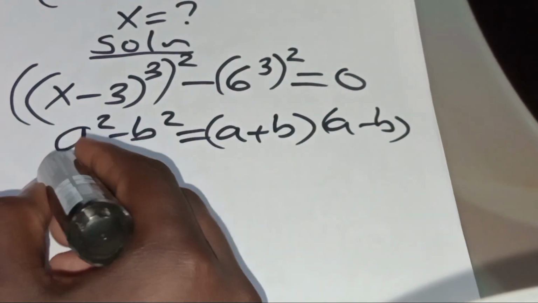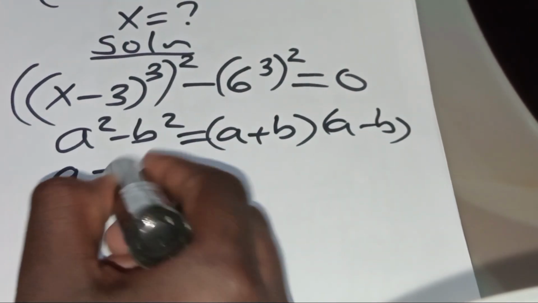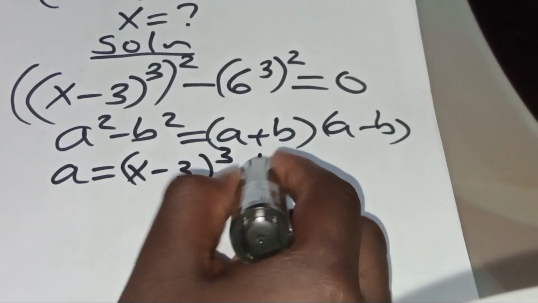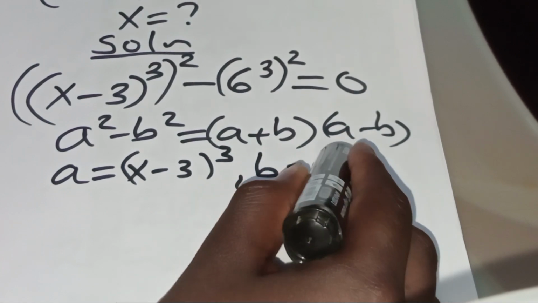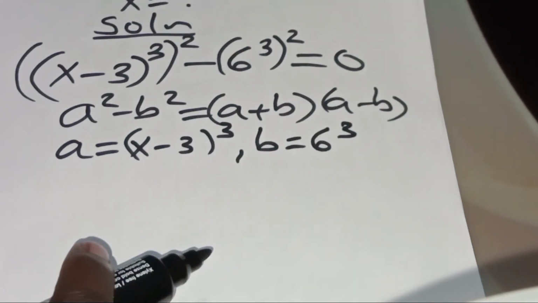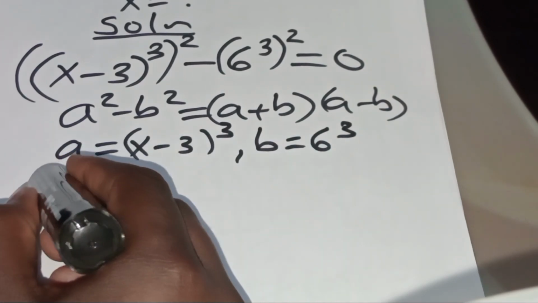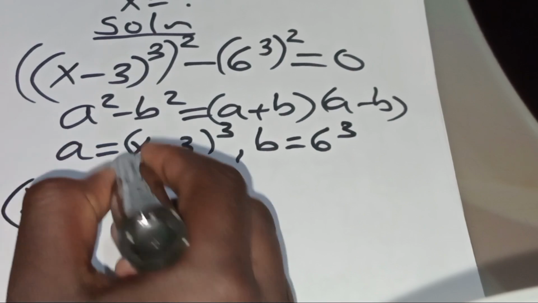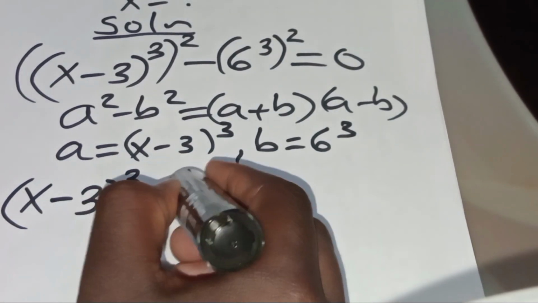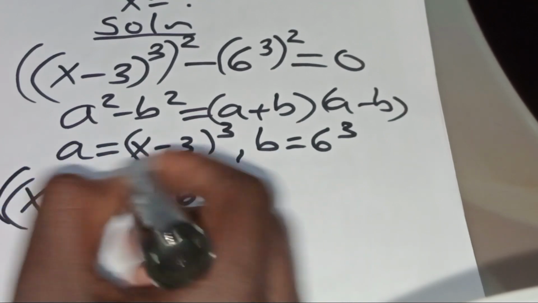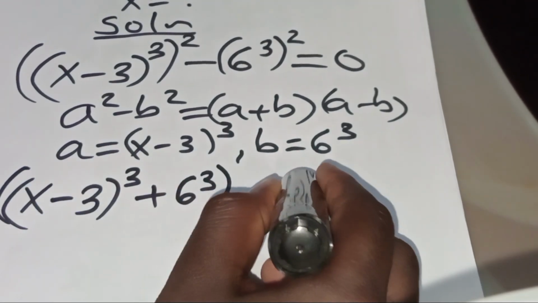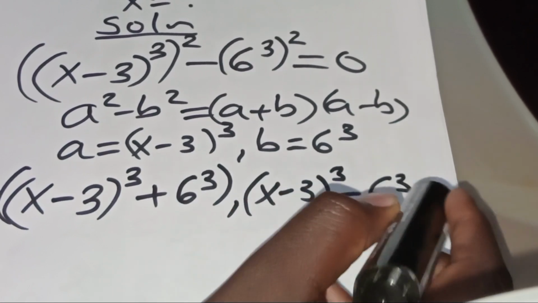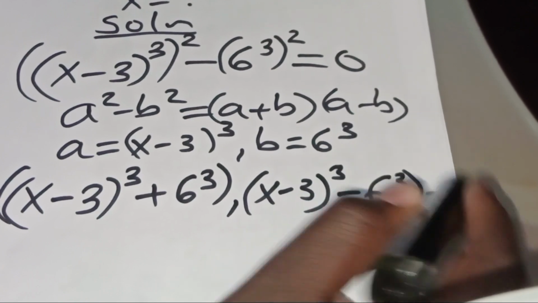Applying this property, our a is (x - 3)^3 and b is 6^3. So we have ((x - 3)^3 + 6^3) and also ((x - 3)^3 - 6^3), which is equal to 0.